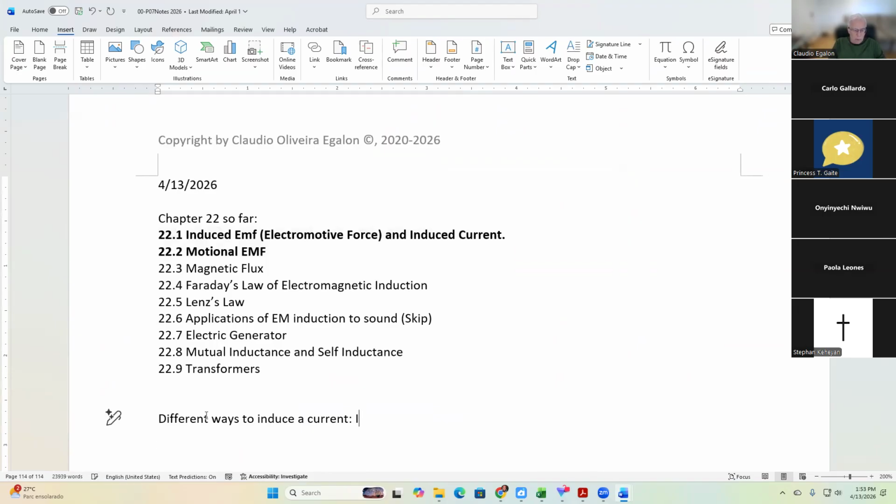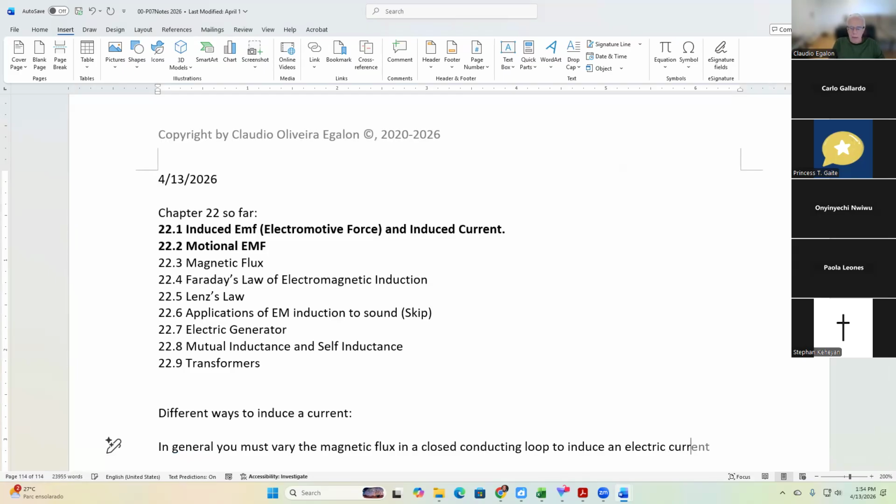In general, you must vary the magnetic flux in a closed conducting loop to induce an electric current in this loop.